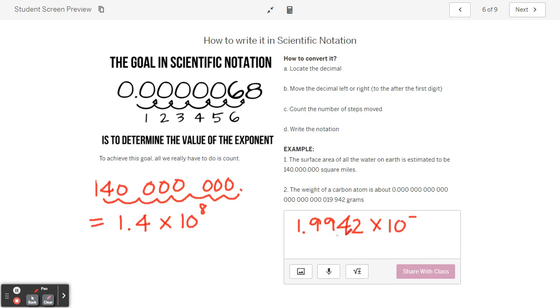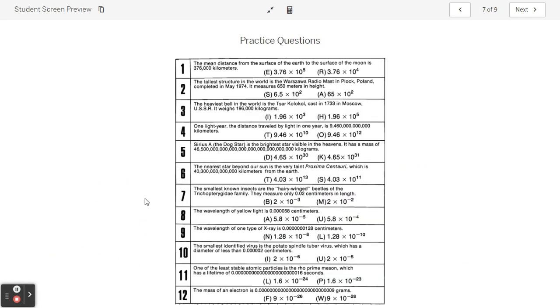Now we have 1.9942 times 10 to the negative 23. Great, here are a few practice problems. Please pause the video, go through this to find the correct writing for each of these large numbers.